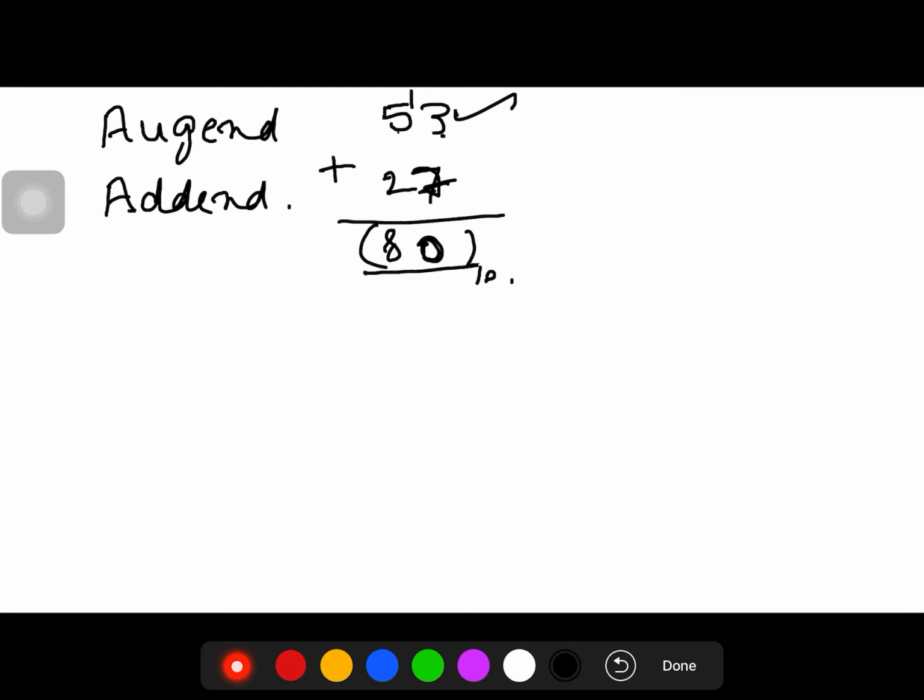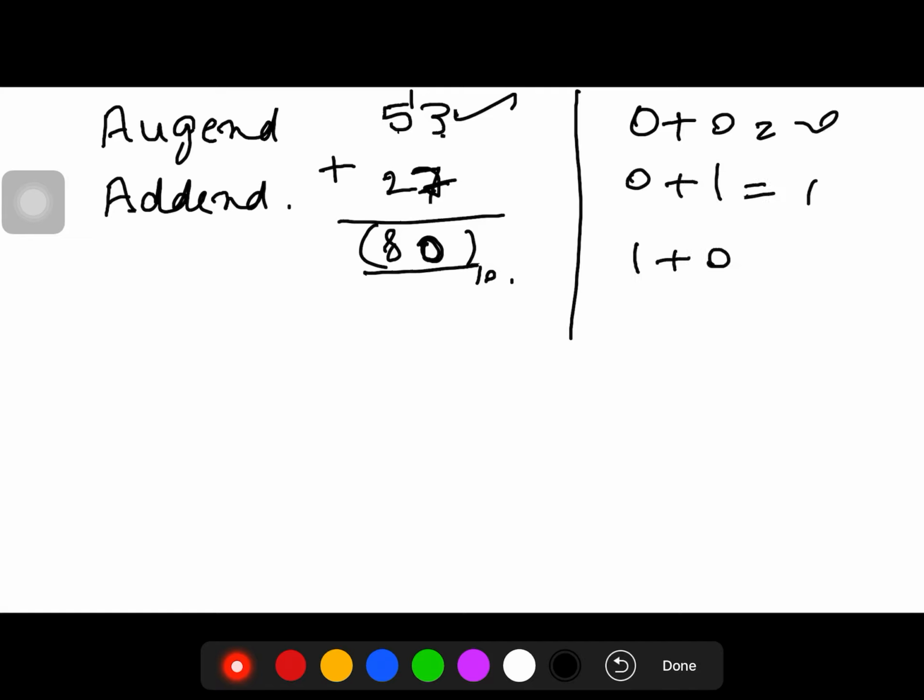In order to compute binary addition, first memorize this: 0 plus 0 is 0, 0 plus 1 is 1, 1 plus 0 is 1, 1 plus 1 is 2, which is not permissible in binary. So we start again from 0 and 1 is the carry here.